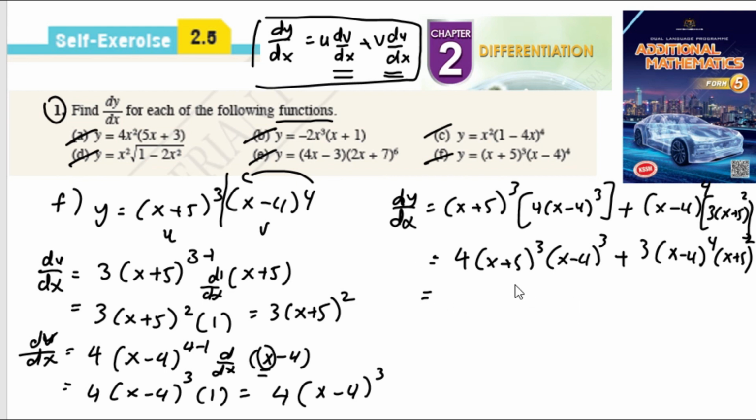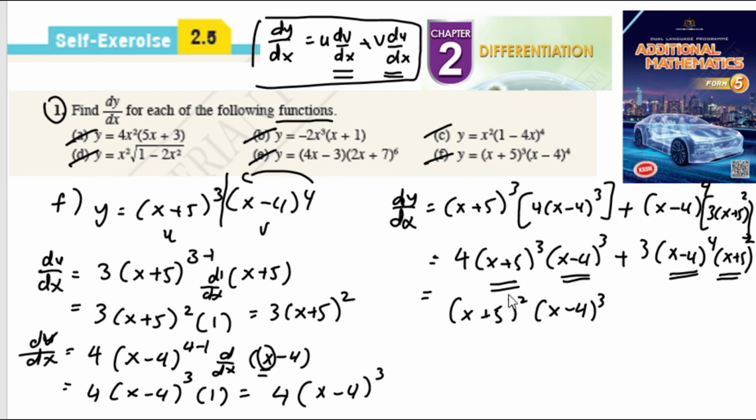So you see here first, you have x plus 5 at both. This one is power of 3, this one is power of 2, so you can take out x plus 5 to the power of 2. And for x minus 4, this one is power of 3, this one is power of 4, so you can take out power of 3.